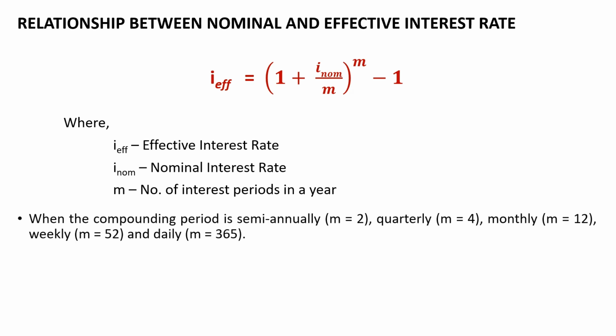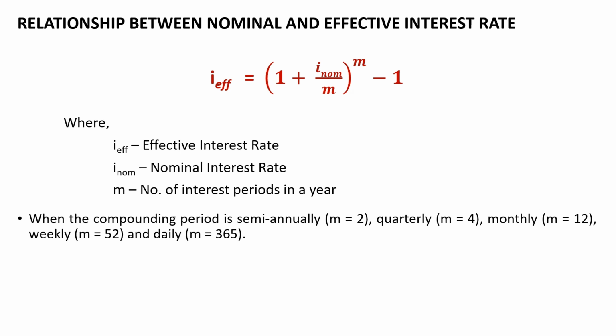When the compounding period is semi-annually, M will be equal to 2. If quarterly, M will be equal to 4. If monthly, M will be 12. If weekly, M will be equal to 52.